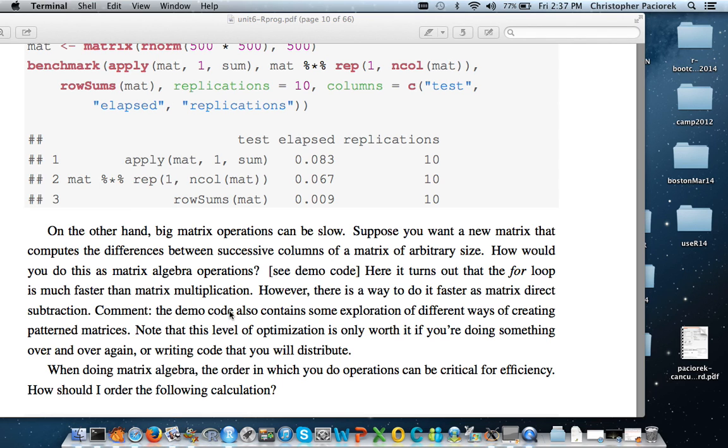Mine's 256 kilobytes. Yeah. Which makes a big difference.